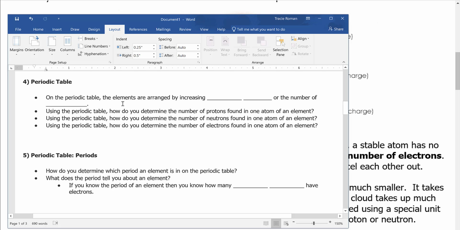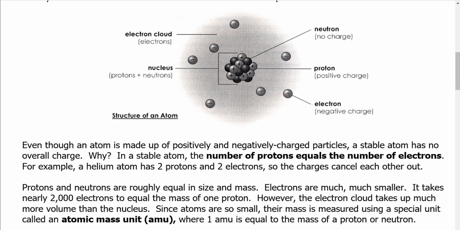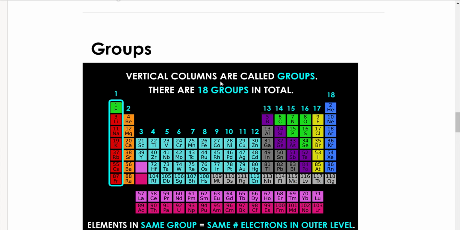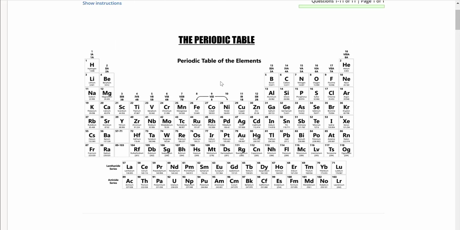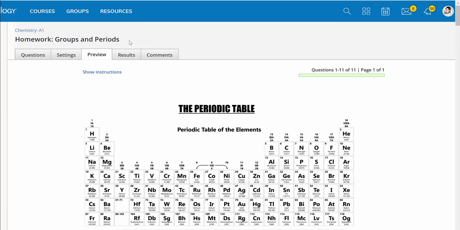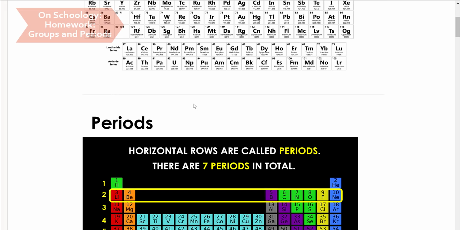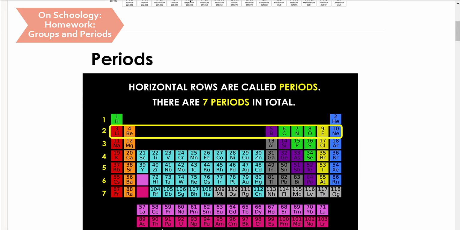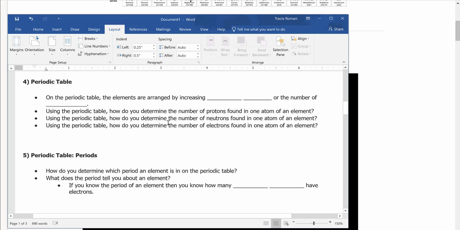So the periodic table, if we look on our Schoology page, we have a homework assignment called Groups and Periods. And if we go back to our study guide, on the periodic table, the elements are arranged by increasing atomic number, or the number of protons.